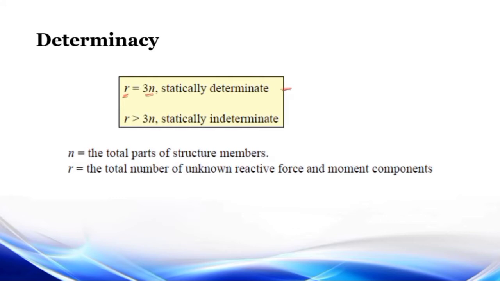A structure having more unknown forces than available equations of equilibrium is called statically indeterminate. In that case, r is greater than 3n, where n is the total parts of the structure members, and r is equal to the total number of unknown reactive force and moment components.